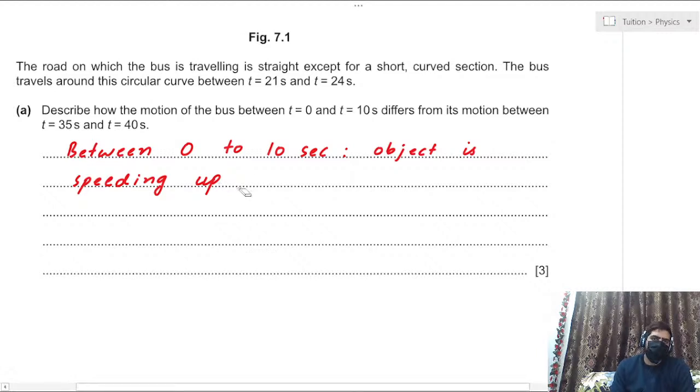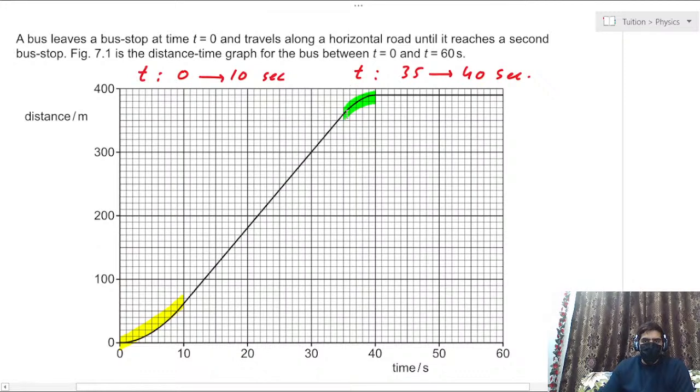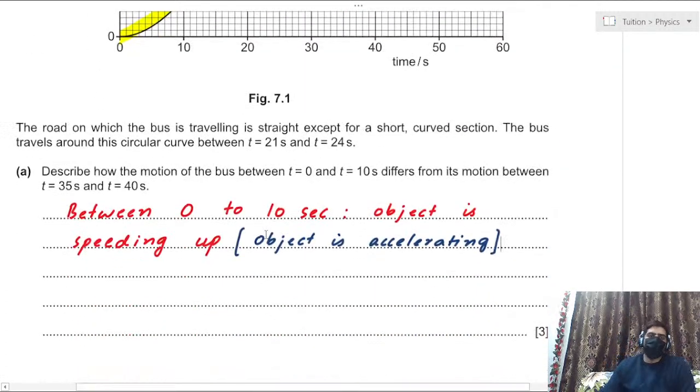Because the speed is not increasing uniformly, it is accelerating. So you can write that. Now from 35 to 40 second, in the time interval 35 to 40 second, the speed of the object is decreasing.